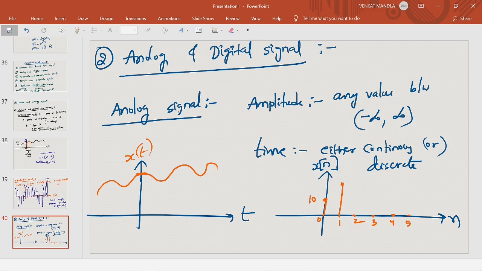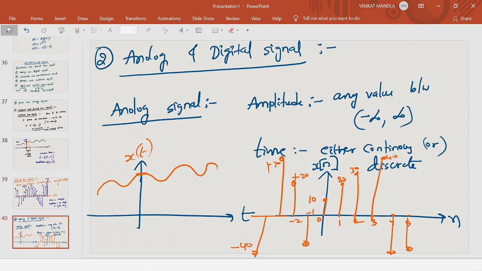So the time axis is discrete, but the amplitudes may take any value: 20, 30, 40, minus 20, minus 30, and so on.